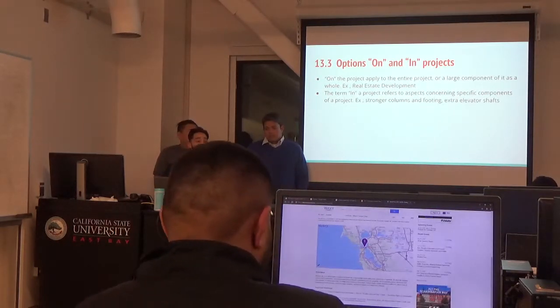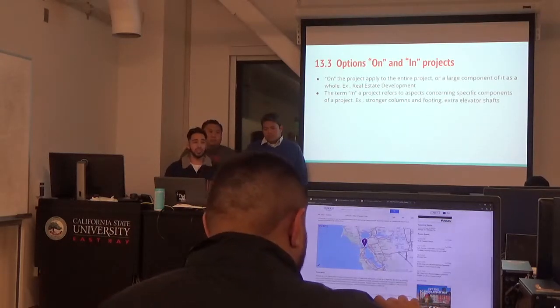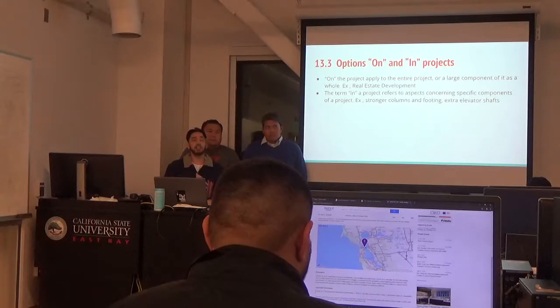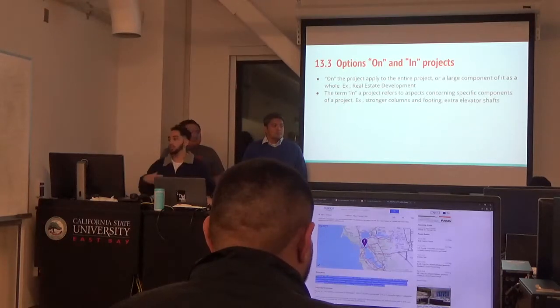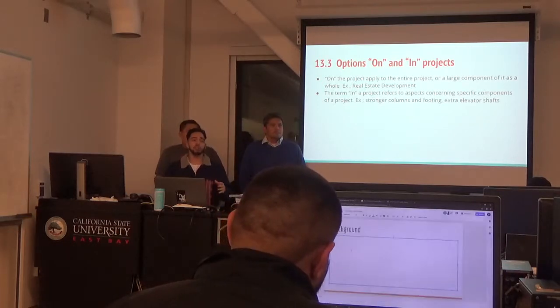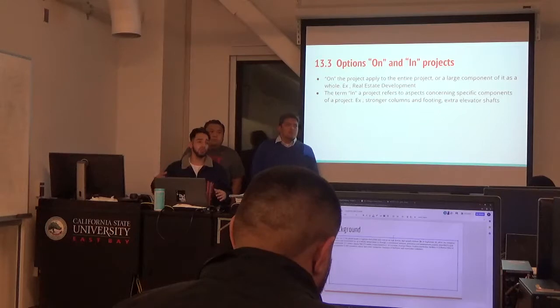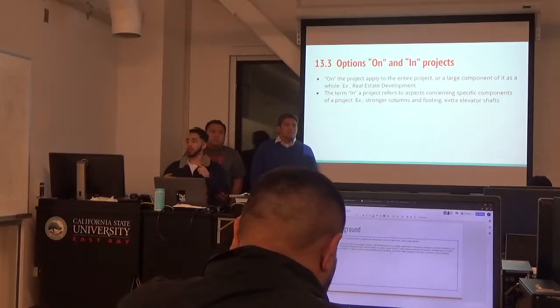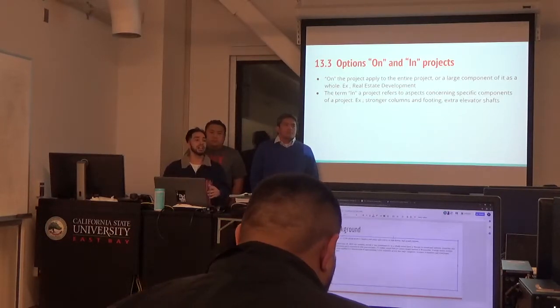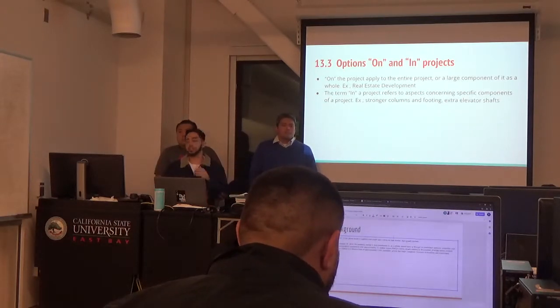An option in is those little tweaks and increments that you make in the actual project that are going to make that entire project better. For example, having strong columns at the base to protect against earthquakes or so they can build more floors. So all you have to know is that in is literally inside the project, and on is the bigger scheme of things as a whole.